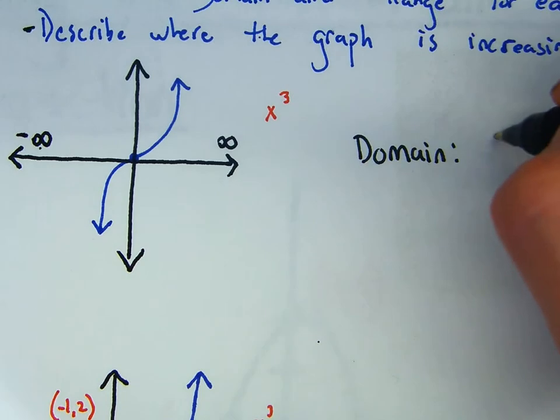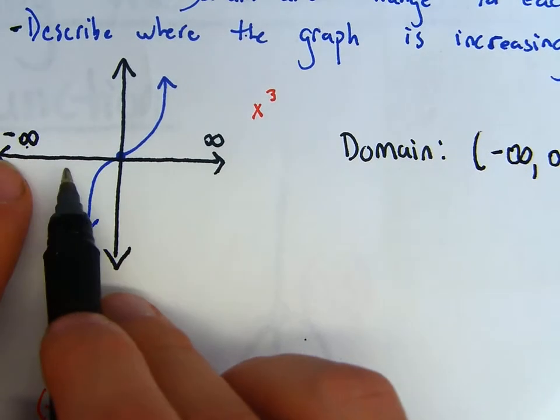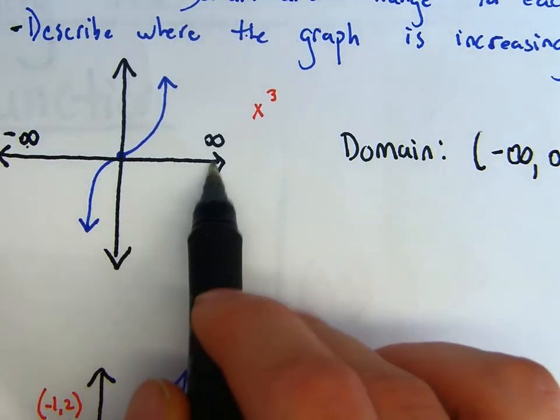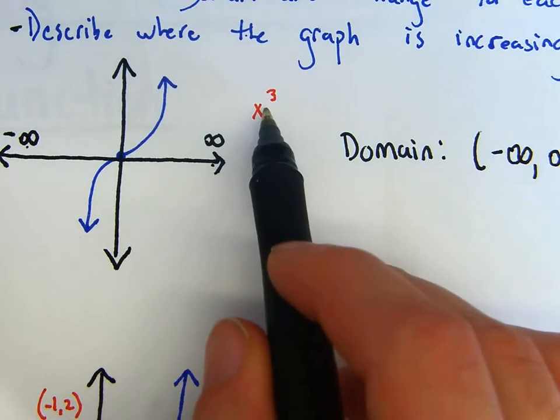So the way we could describe the domain is just like this. Meaning that I can plug in any x value from negative infinity to positive infinity for this graph of x cubed. I could plug in any x value.